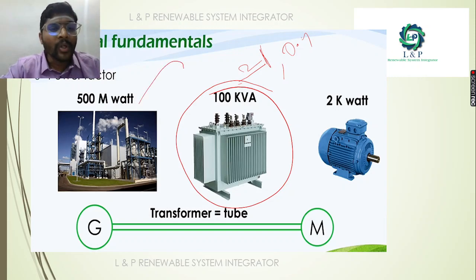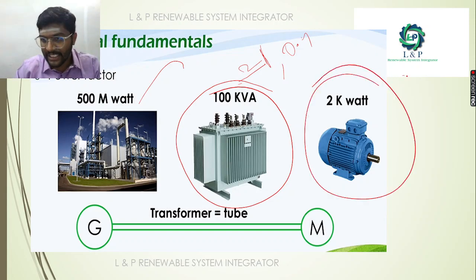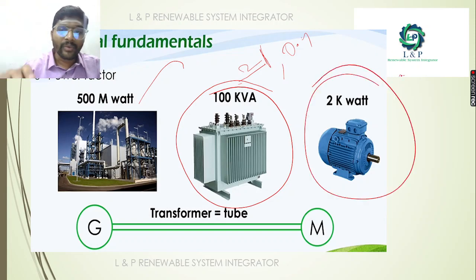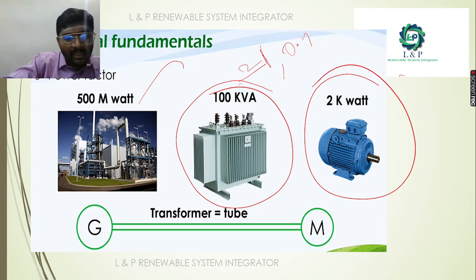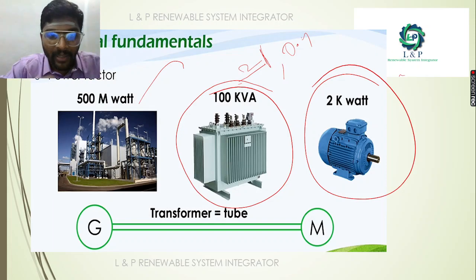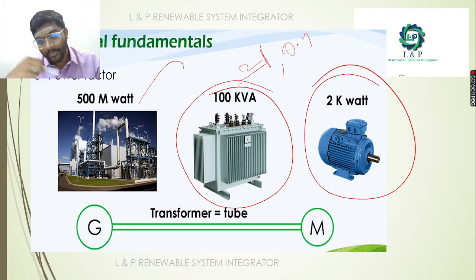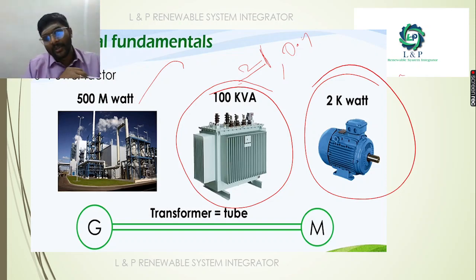Instead of sending it directly to the load at the consumer side, we step up the voltage generated in the 500 megawatt power plant with the help of a step up transformer, and transmit it through the transmission lines.